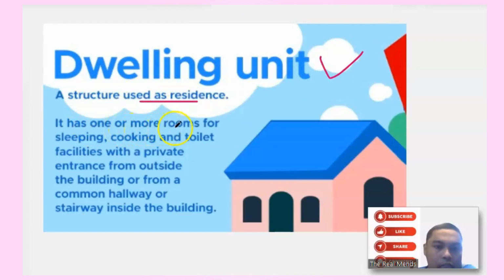It has one or more rooms for sleeping, cooking, and toilet facilities with a private entrance from outside the building or from a common hallway or stairway inside the building. Actually, pag dwelling unit, that is only composed of one room. Pag more rooms na, ang tawag dyan is multi-dwelling unit.